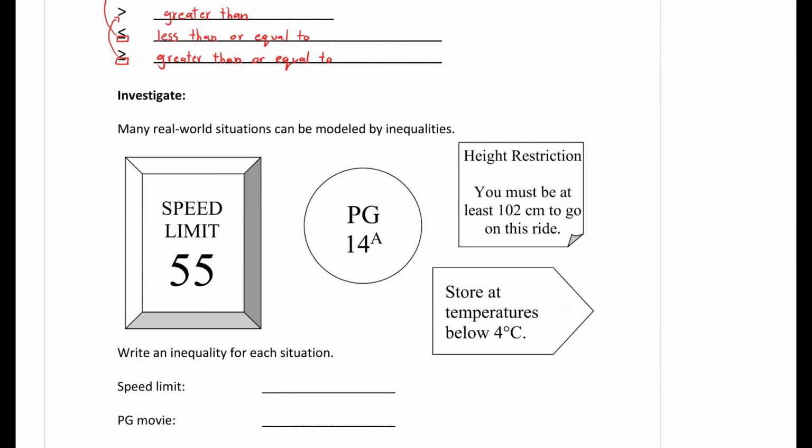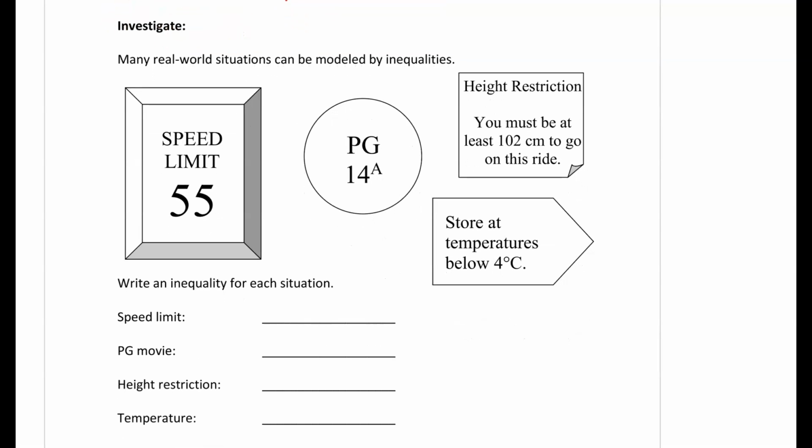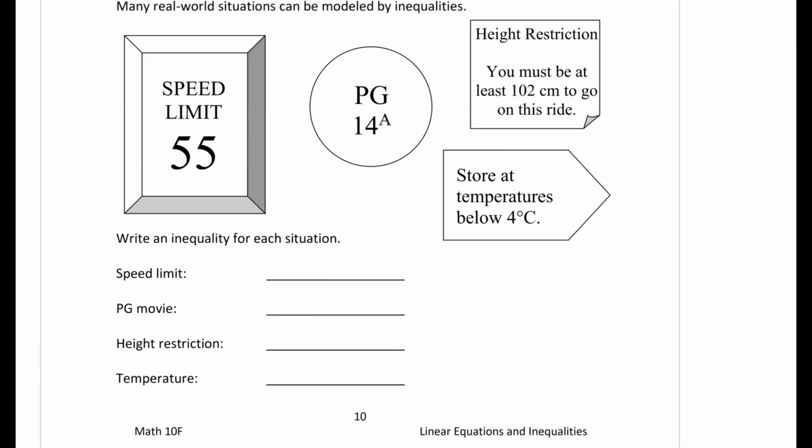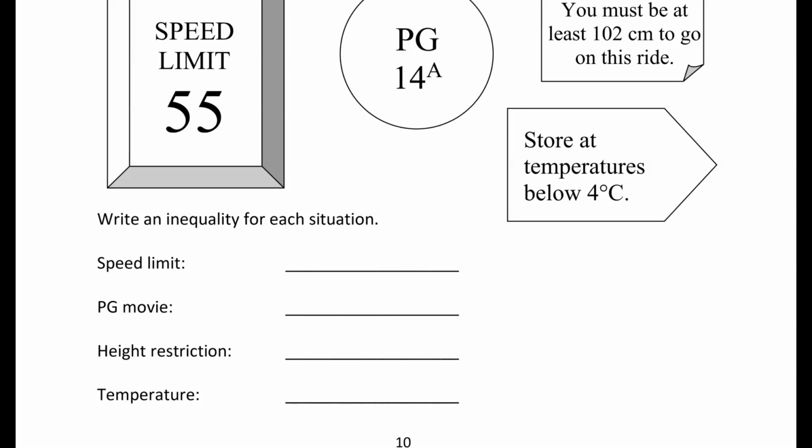If we're looking at these symbols that you've probably seen around before, so these are kind of real life situations, just as the speed limit is 55, this is going to mean that you're allowed to go 55 or equal to that, but you can't go above this. So you want to go less than 55 or equal to that, but you can't exceed 55.